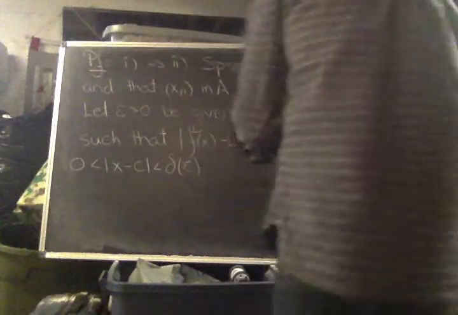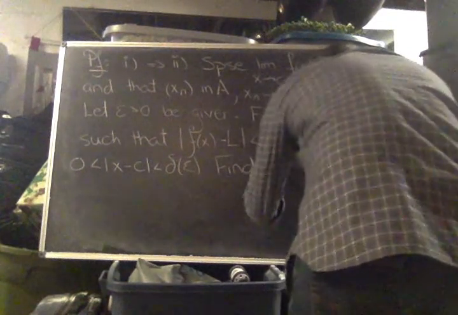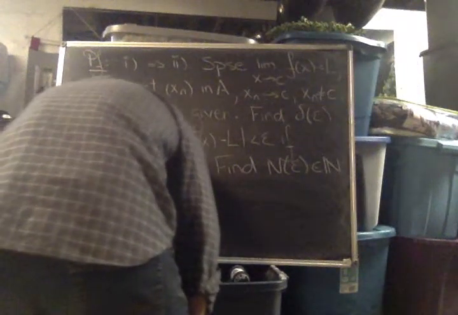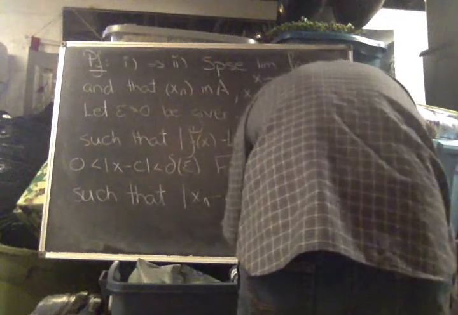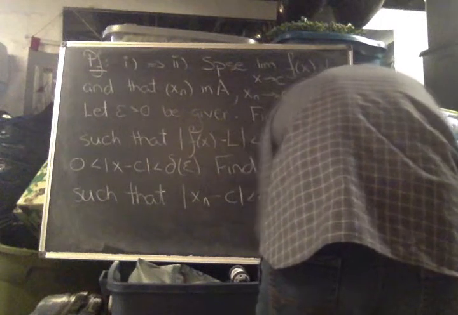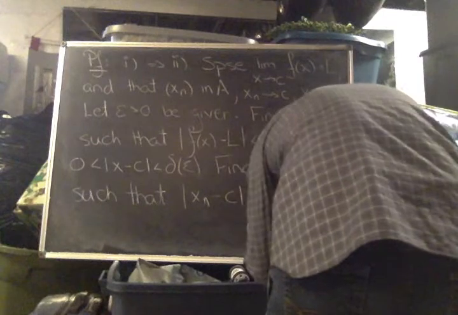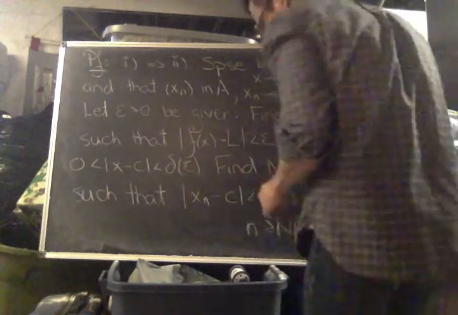So find capital N of epsilon, a natural number, such that the distance from xn to c is less than delta of epsilon if little n is greater than capital N of epsilon.